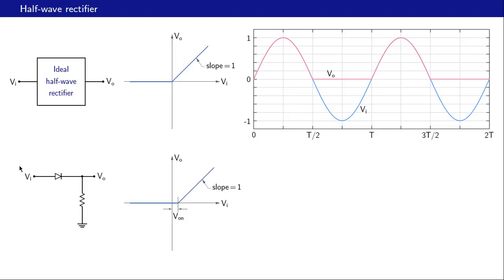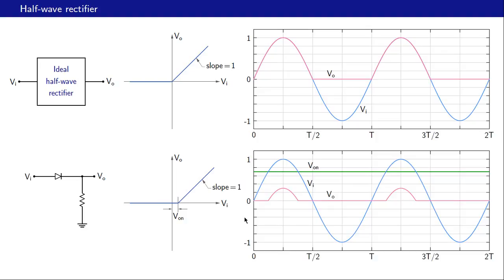We have seen this diode circuit which was used for half-wave rectification, but this had this diode voltage drop V on here, and therefore the Vo-Vi relationship is not quite what we want, and this can become an issue if the amplitude of the input voltage is not large enough.